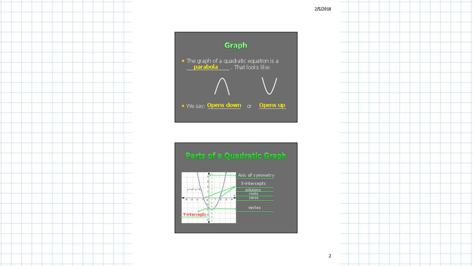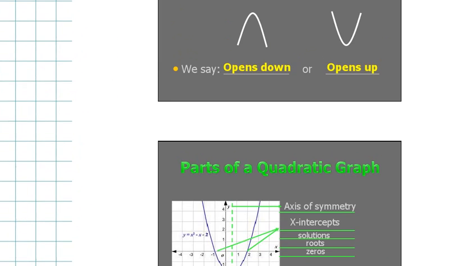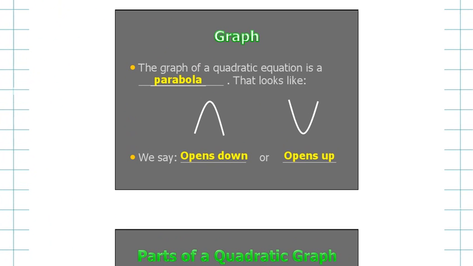A quadratic function has the shape of a parabola. A parabola is a U shape or an N shape, if you want, graph. Okay? It can open up or it can open down. The U-shaped parabola is symmetrical in every single way.